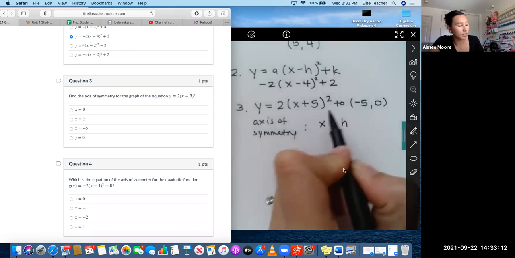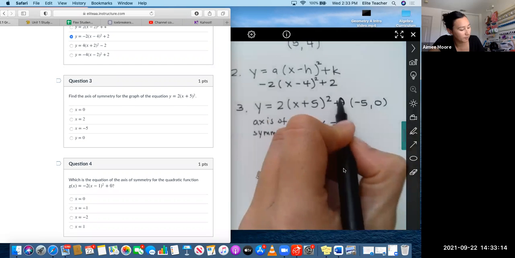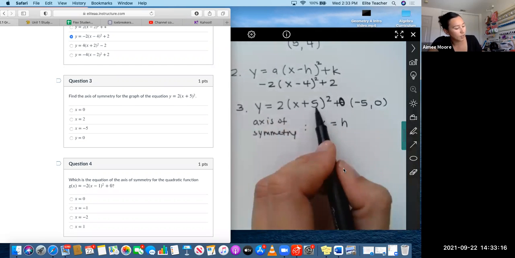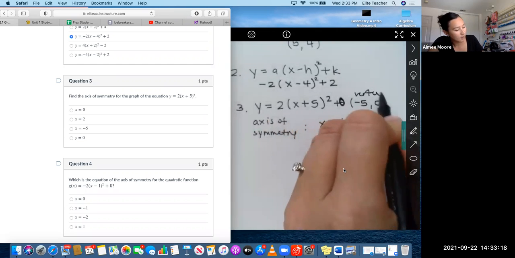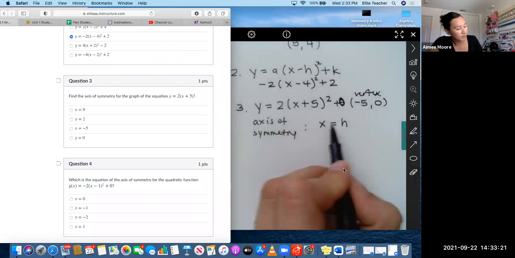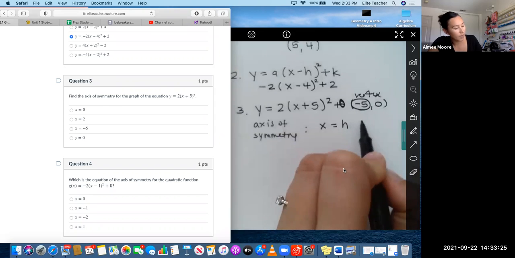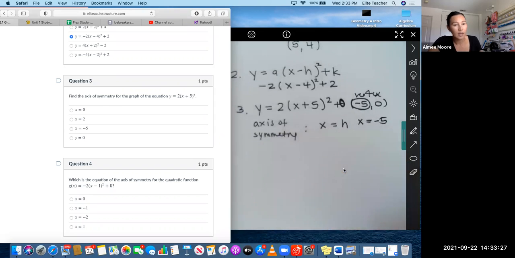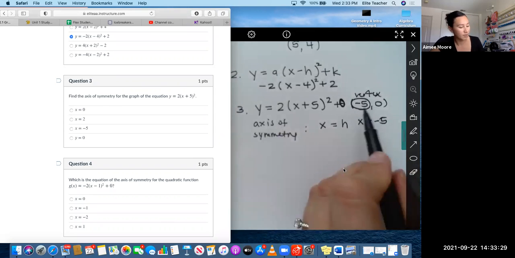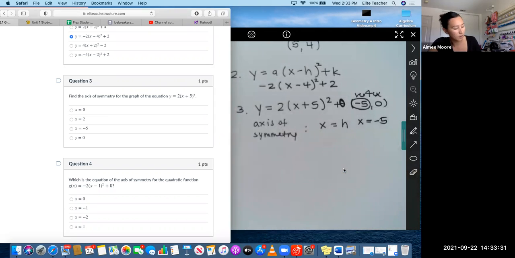It looks like I wrote 2. That's a +0. And so the vertex is -5, 0. And so our axis of symmetry is going to be going through our x value. So it would be x equals -5.